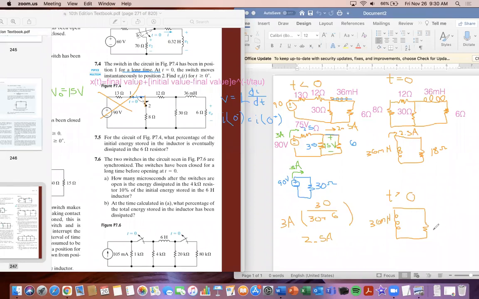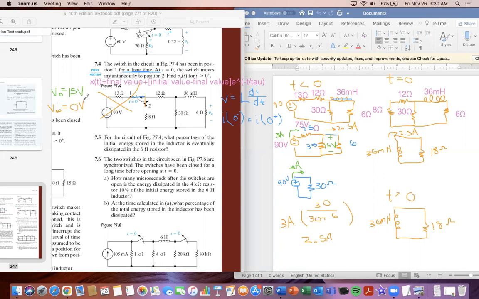And so if we backtrack it and there's no current, therefore, within this original diagram, there'd be no voltage drop across the 6 ohms since there's no current going through it. And so we know the voltage at time infinity, so I'm going to put V at infinity is going to equal 0 volts.